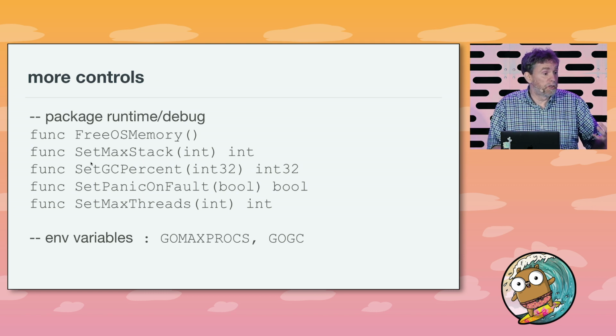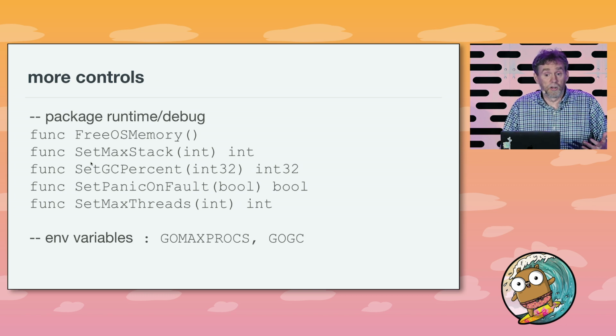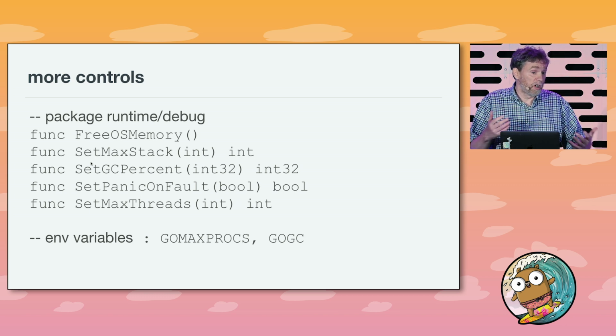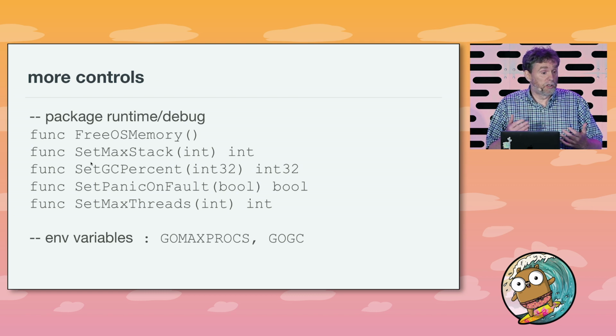GOMAXPROCS, you've probably heard of, but as a reminder, it sets the maximum number of available processors on startup. And there's GOGC, which gives some control over the garbage collector. In fact, you can turn the garbage collector off if you like, using that environment variable.